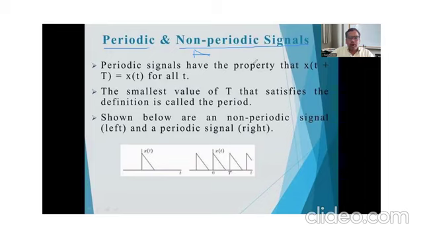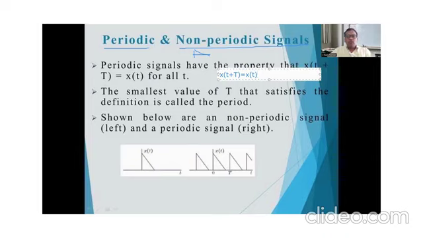Periodic signals have the property that x of t plus or minus T is equal to x of t. So here we have the property x of t plus T is equal to x of t.